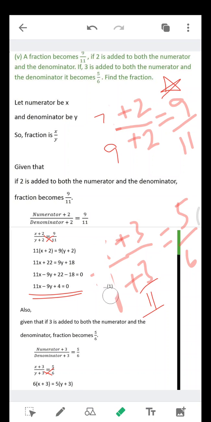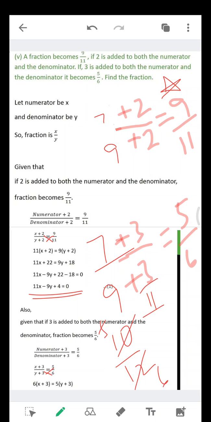And here you add 3: 7 plus 3 is 10, and 9 plus 3 is 12, and 10 by 12, if you simplify it, you get 2 fives are 10 and 2 sixes are 12, that is 5 by 6. So you can cross check your answer by substituting in the previous cases to verify your answer.